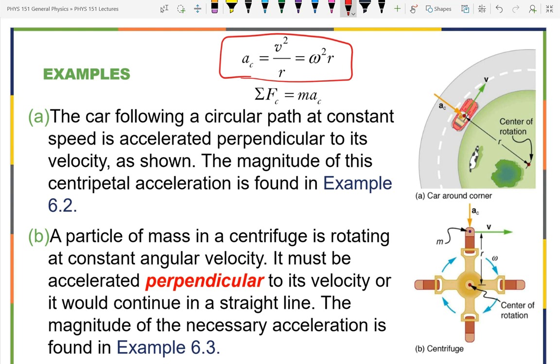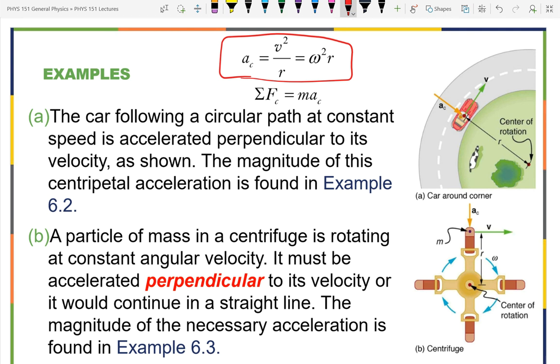Okay, it would go straight in the XY plane, in the horizontal plane, and in the vertical plane, it's a trajectory, so it's going to be falling. Right, so we know how to treat that, and we know that when I let go, it's going to go in a straight line from the point I release it with the velocity it had at that moment.